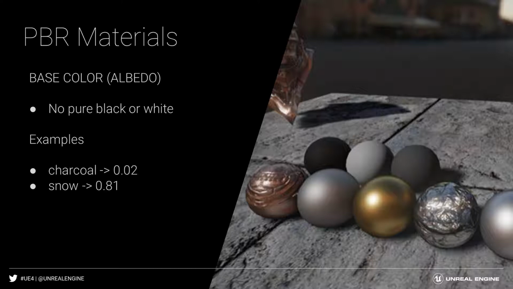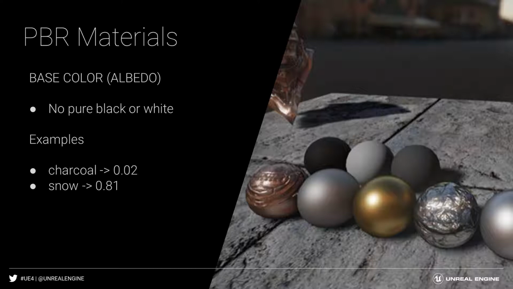Now, when working with base color for ray tracing, there are some things to keep in mind. First of all, you want to avoid high contrast base color materials or textures. You want to keep them kind of low contrast so that they'll look more realistic. Another important thing to keep in mind is that in nature, there are no pure black or white textures.